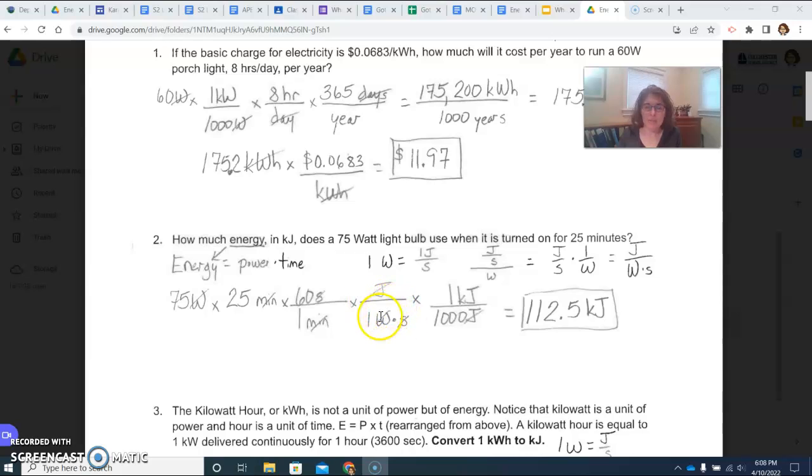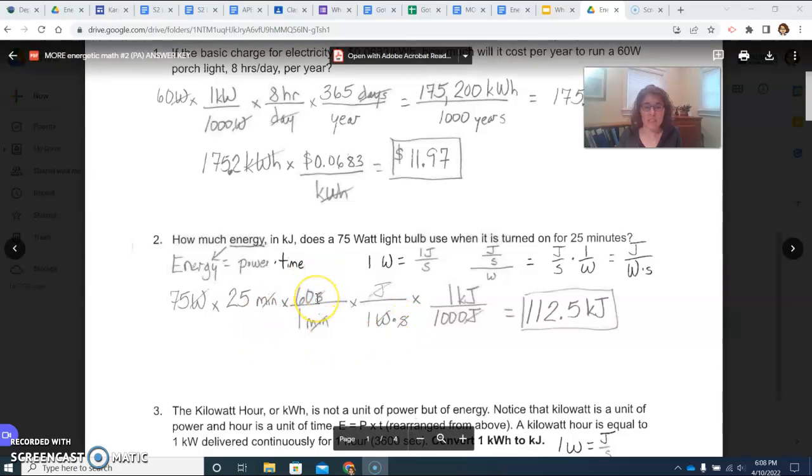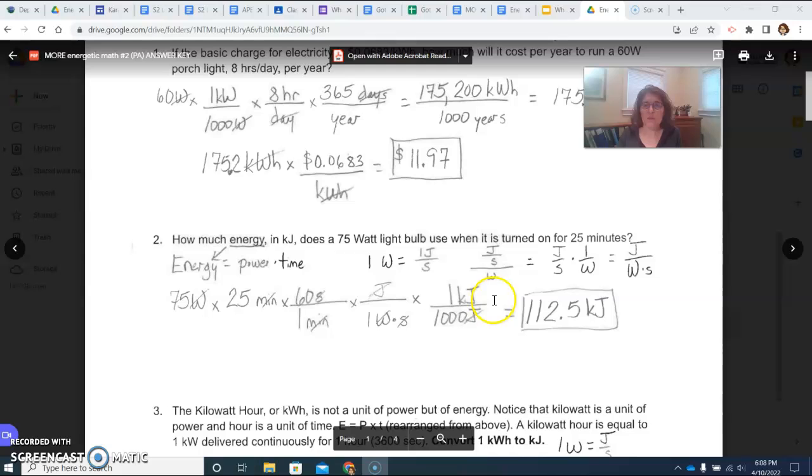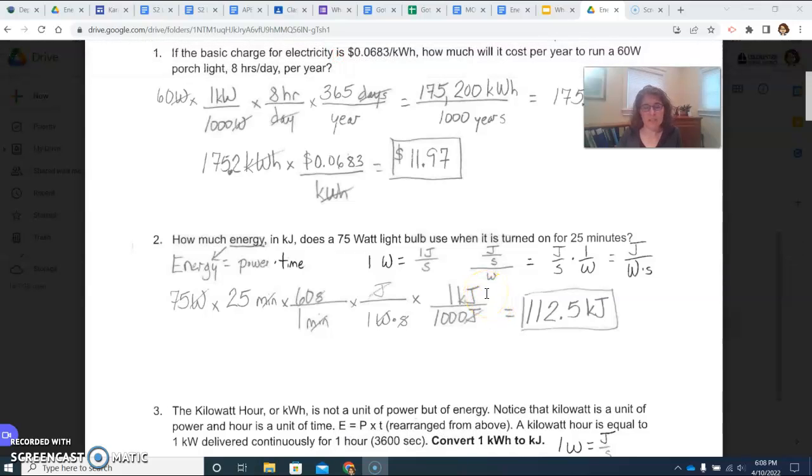So I can cancel out my units of watts, and I'm left with joules on the top and seconds on the bottom. Now I can see that my watts and my seconds can actually cancel out. The last step that I need to take is, now that my answer is going to be in joules, I actually want to get it to kilojoules. So here I just need one more conversion factor. 1 kilojoule is equal to 1,000 joules.